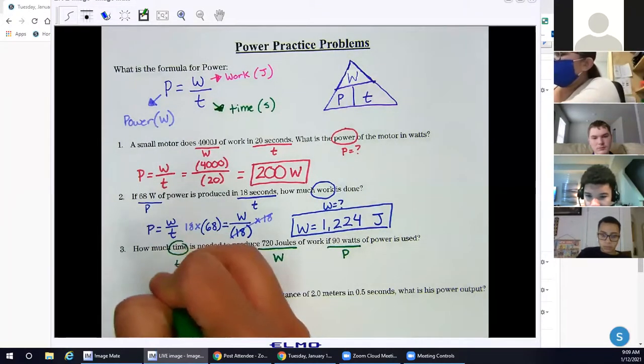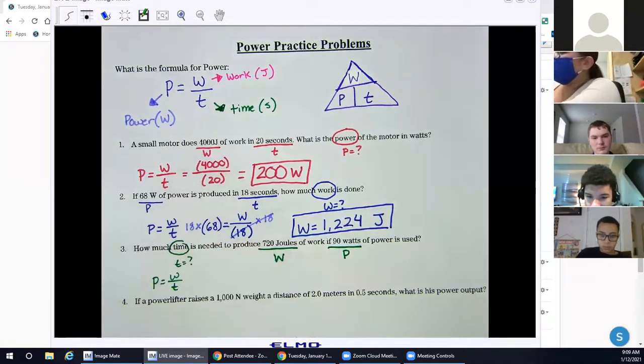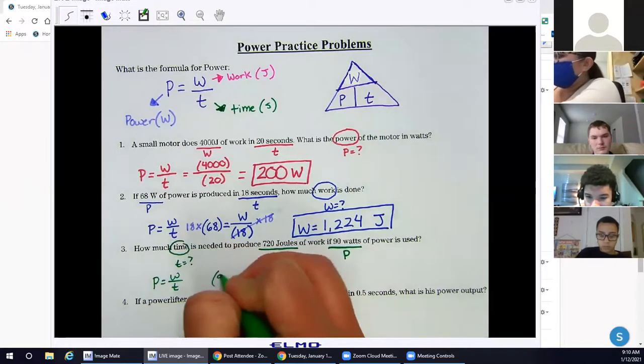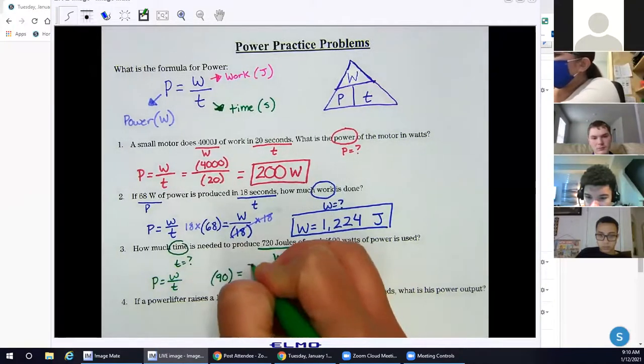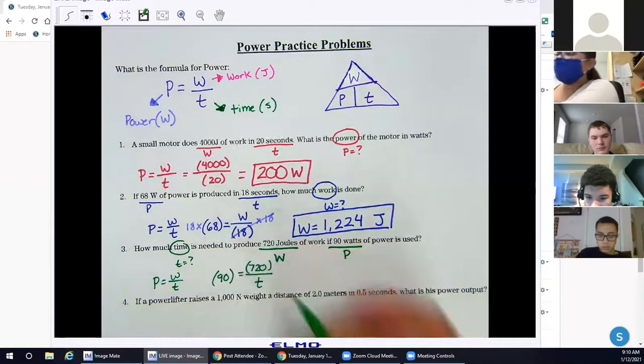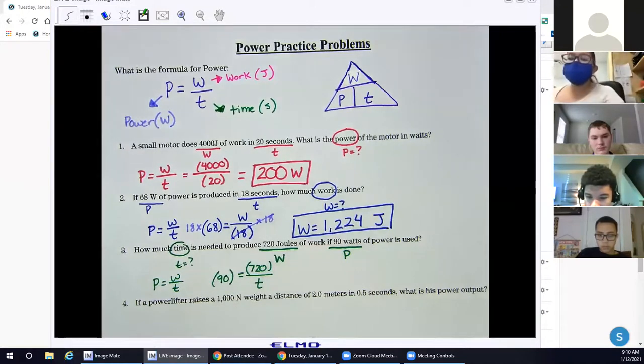Again, power is work over time. I know my power was 90 watts. My work is 720 joules. And I'm looking for my time. So here's where algebra gets a little bit tricky, because what we're looking for is a denominator, and we don't want it as a denominator.